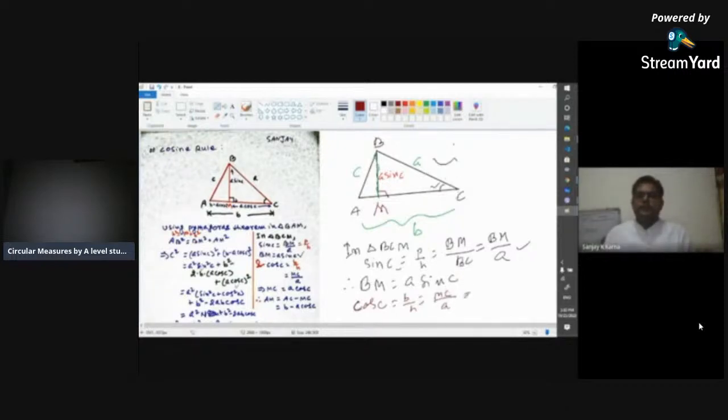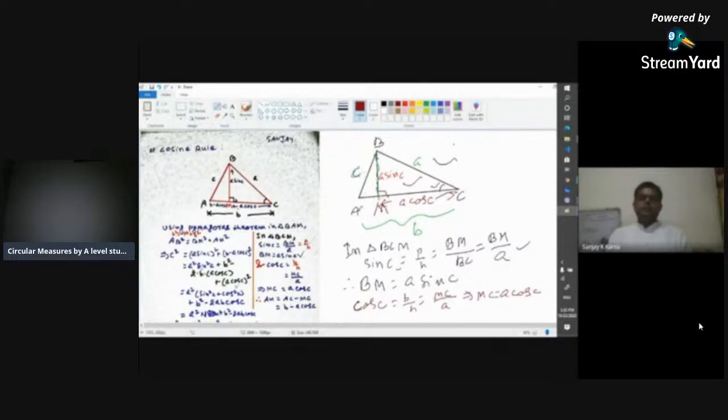That means MC equals a cos C. So for MC length, this is a cos C. We started from this side, and we'll associate the same thing with the left side triangle also. Therefore this length we already have, and this length is c, the small c.